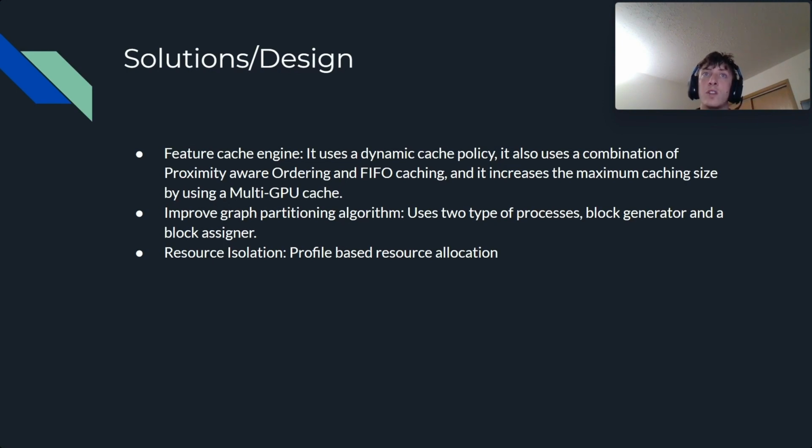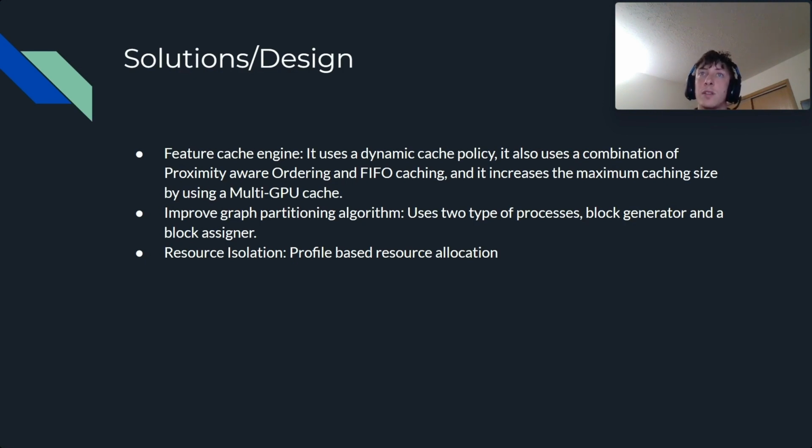The decision on which policy to use was difficult as most policies have a large overhead. To solve this, they used proximity-aware ordering, which visits nearby nodes to the mini-batches, in combination with first-in, first-out ordering, or FIFO, as most people know, to create the optimal caching policy.